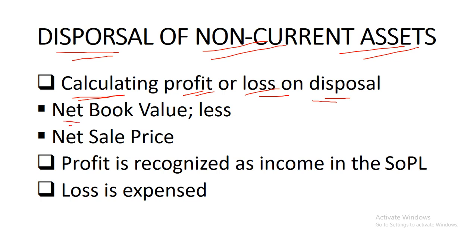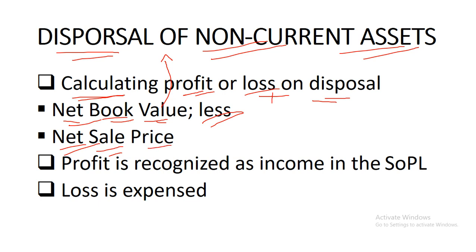So we need to get the net book value. Remember, the net book value is the value of an asset in the statement of financial position. So the value that an asset is held at in the statement of financial position is what we call the net book value. So you get the net book value and then you deduct the net sale price.